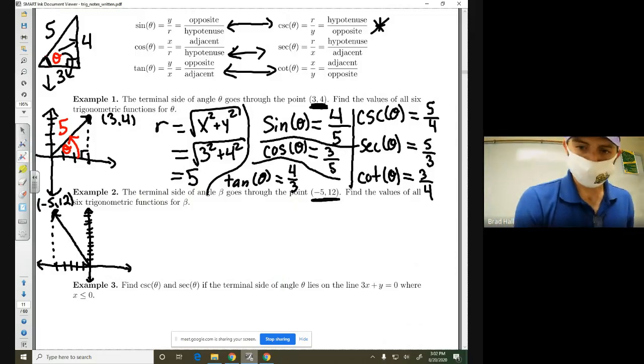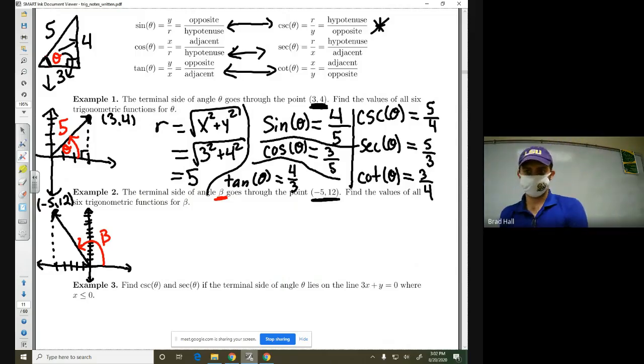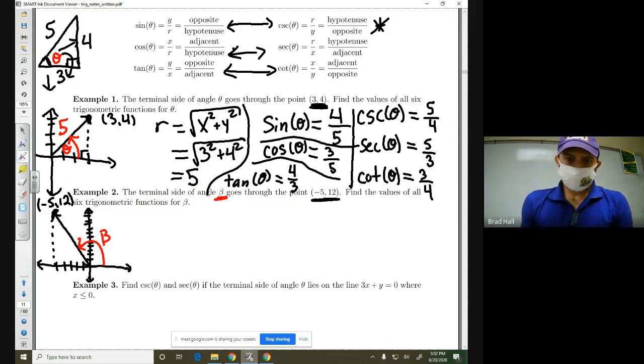The angle, since that was the terminal side, the angle is technically this, and they call it beta. So just a fancy looking B. It's a Greek letter, beta. Frat guys already know what this is, but yeah, beta. So we triangulated.